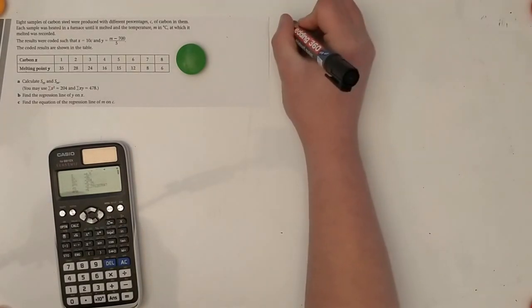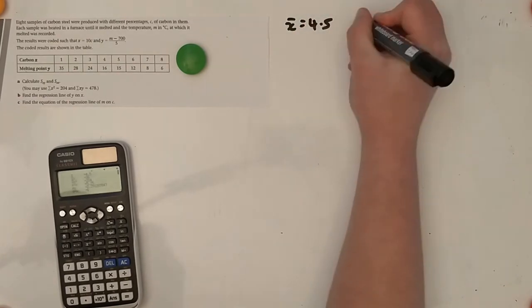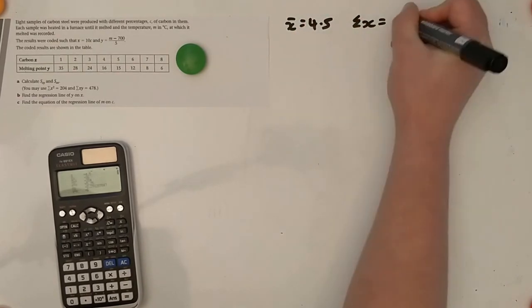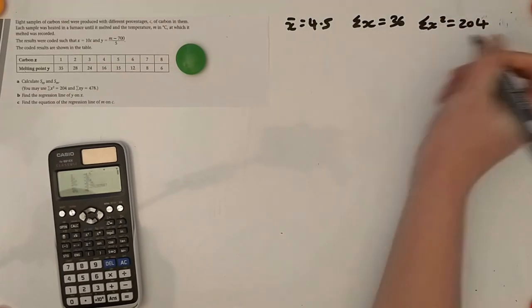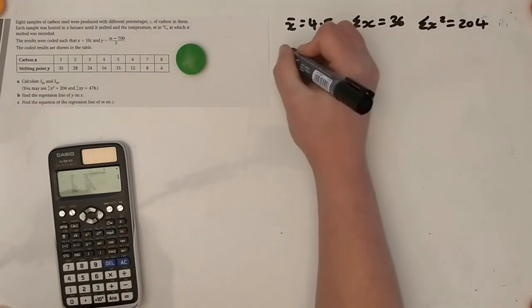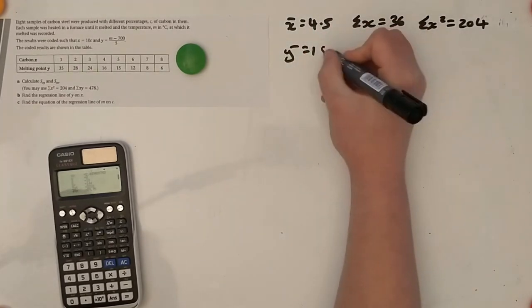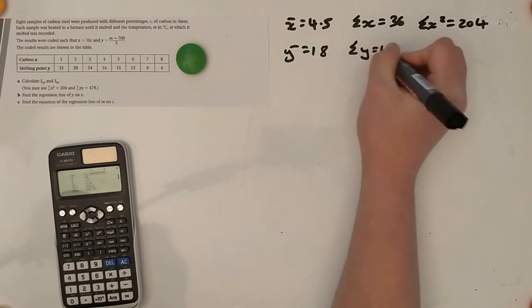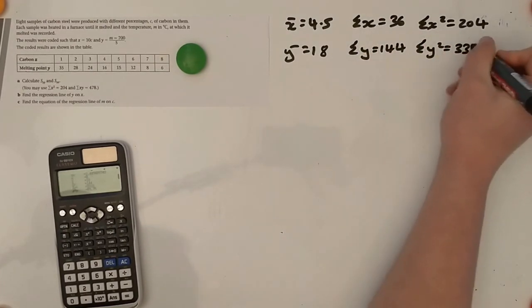So I've got X bar equals 4.5, sum of X equals 36, sum of X squared equals 204, Y bar equals 18, sum of Y equals 144, sum of Y squared equals 3310.